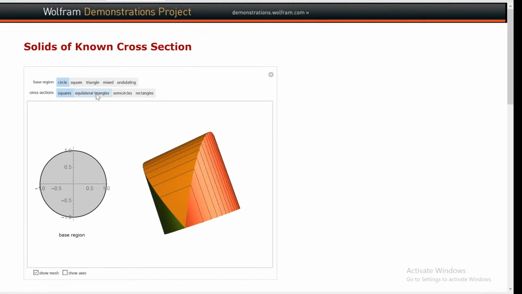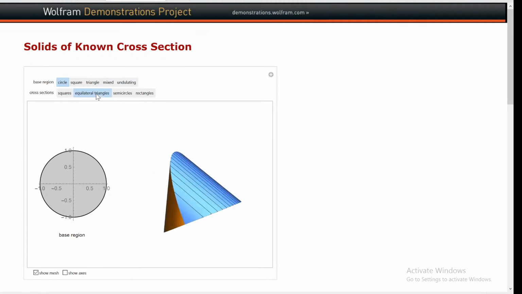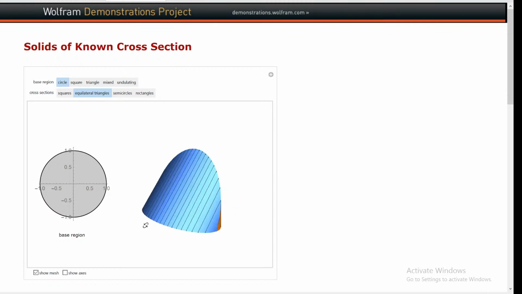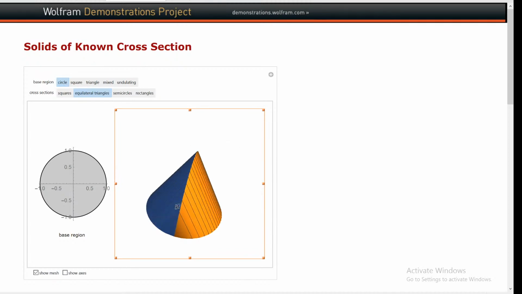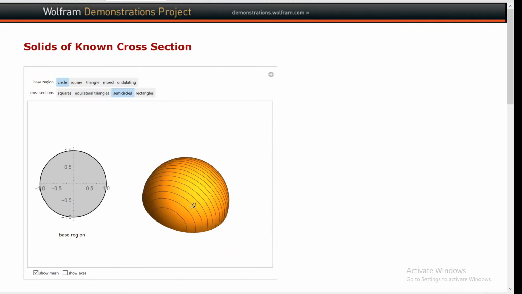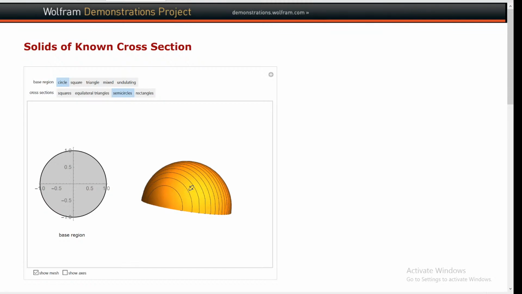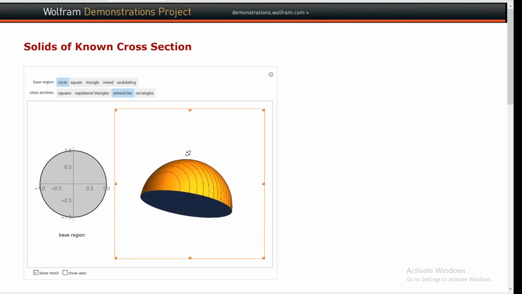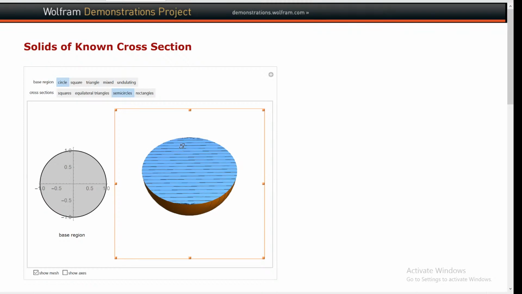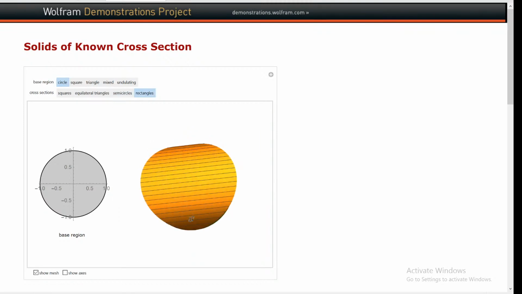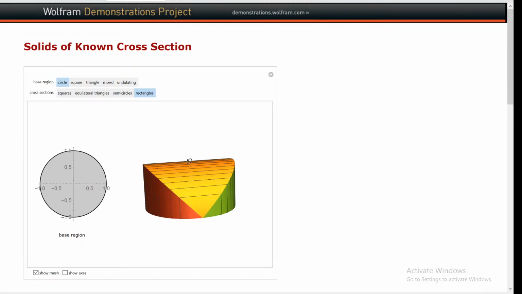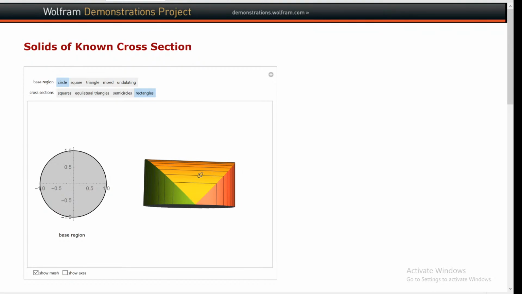So if I use equilateral triangles instead of squares, it makes something like this. I don't know what this is. It looks like a piece of candy. If I use semicircles, it very boringly makes a hemisphere, or a half sphere. And if I use rectangles, it makes something that looks very similar to the squares. Squares and rectangles look pretty similar, so it makes a much shorter hat.